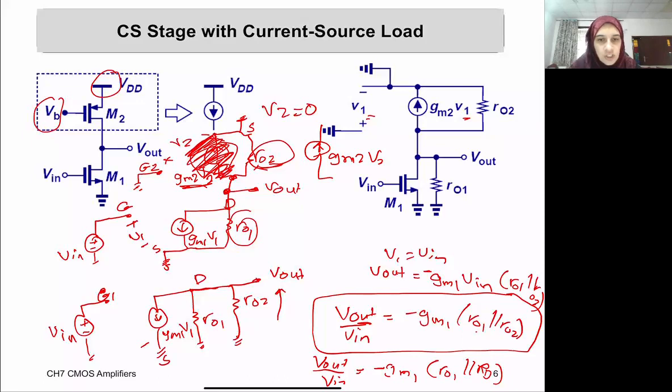The only thing that has changed here is that RD is being replaced with R out 2. You can see the gain relation is otherwise the same. And as we said, when we look from up here, since we are seeing it from the drain side, it will be an R out 2. And therefore, the entire load for us has a value of R out. It's like we have a resistor that has a value of R out.